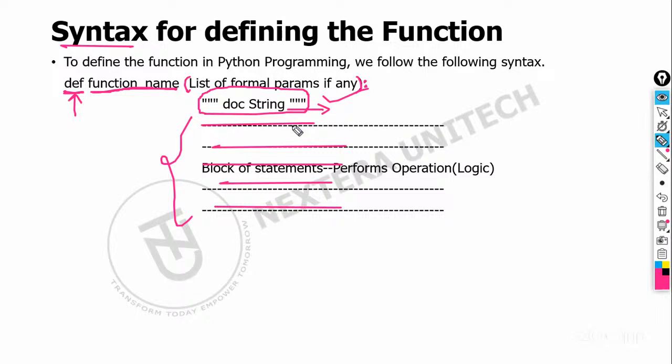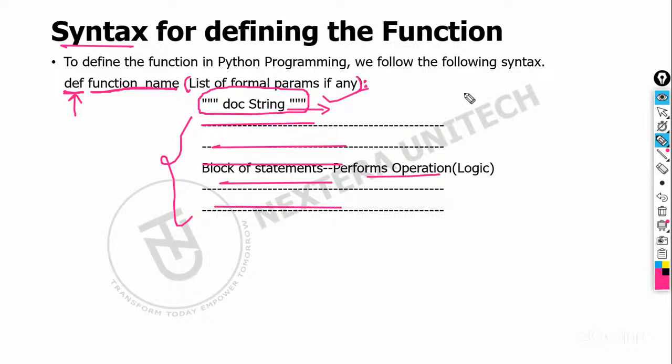So now we have a good understanding of functions. What exactly is a function? A function is a subprogram in a main program. A part of the main program is a function. What is the purpose of using a function? A function helps us perform some operations and provides code reusability across the program.